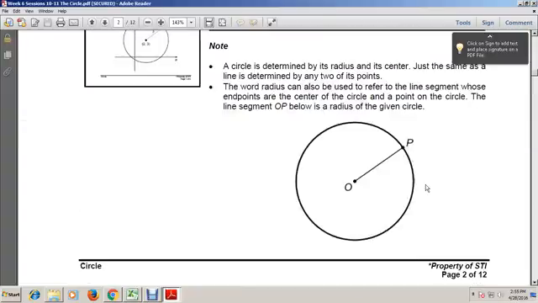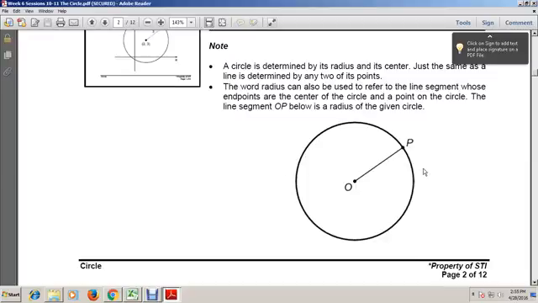Okay, so to further understand the succeeding topics, I will be defining a few terms in addition to what was already defined as the definition of the circle and the radius.